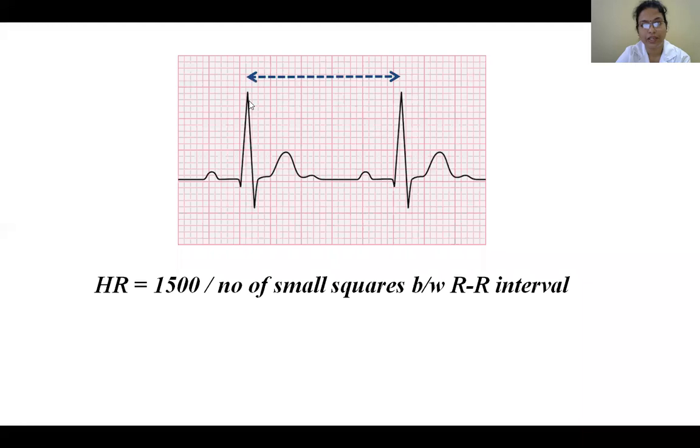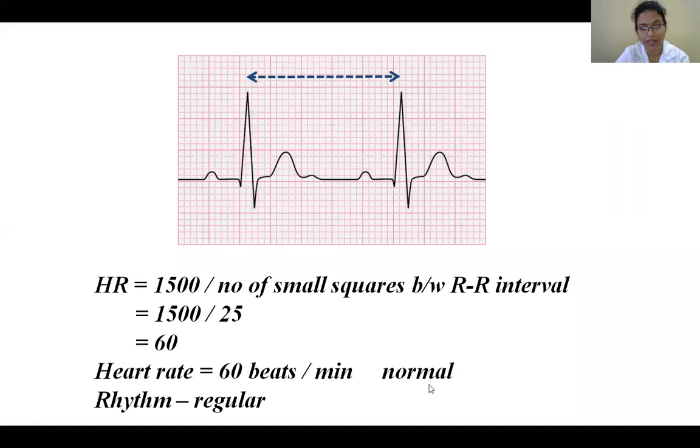So 20 and then 21 over here and 4 boxes here. So that is 25. So 1500 divided by 25 is equal to 60. So is this heart rate normal? Yes, because the normal heart rate ranges from 60 to 100. So this is a normal sinus rhythm strip.